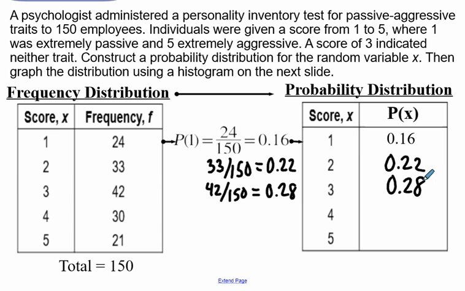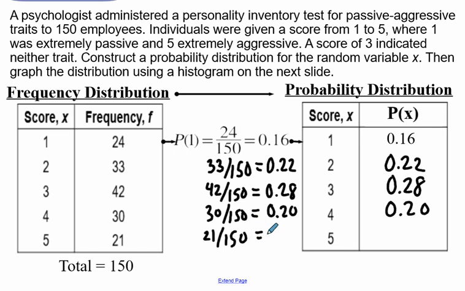There were 30 people who got a score of 4. 30 divided by 150 is 0.2, that's a fifth. And then there were 21 people who had an extremely aggressive score. So 21 divided by 150 equals 0.14.